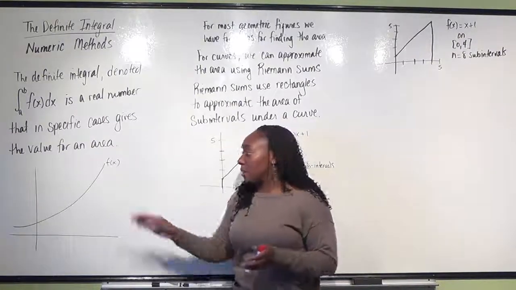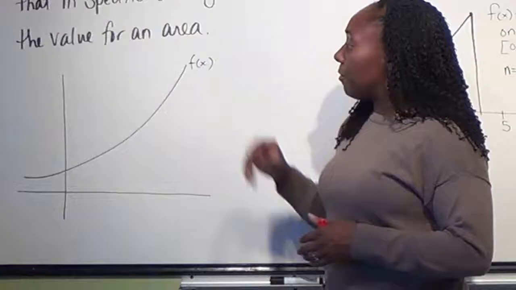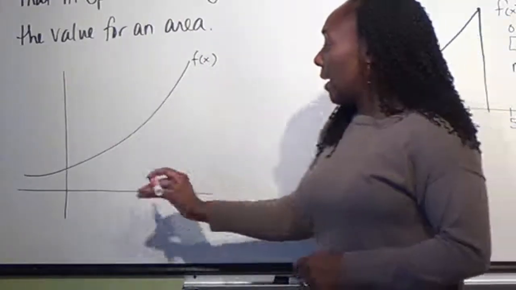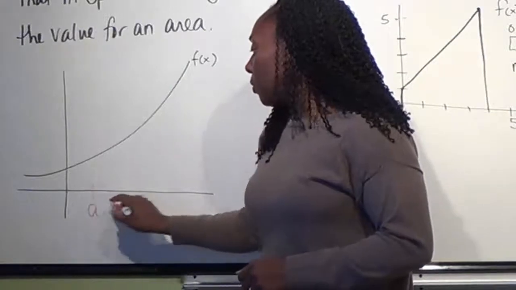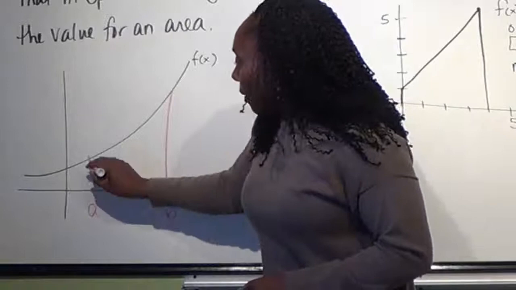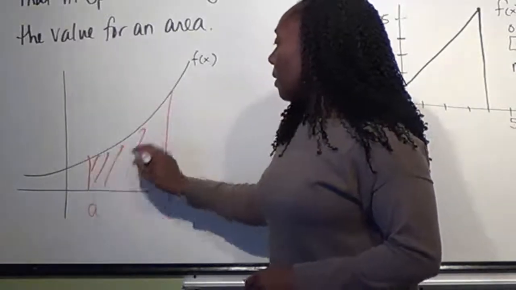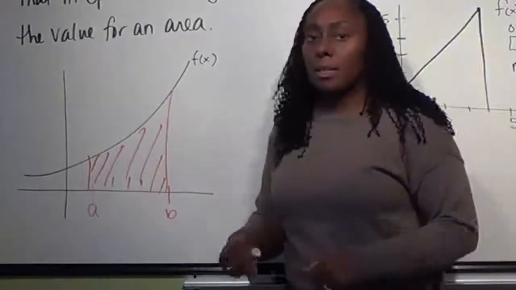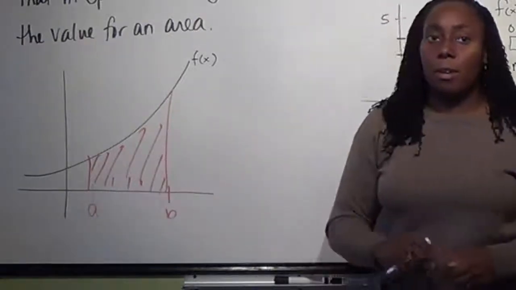interval. Okay? And so pictorially, if I have some function f of x that looks like this, there's a generic function, and I have some interval from a to b, then the definite integral is basically giving me the area bounded by the x-axis for the region under that curve.